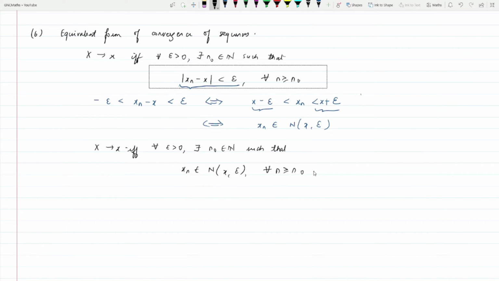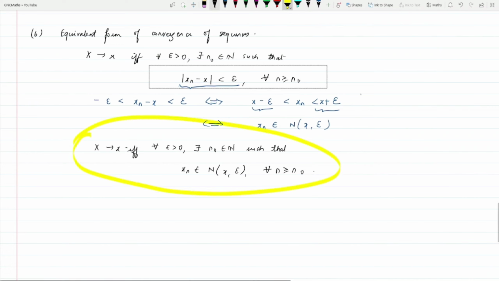Let us just see one example and try to utilize the second definition which we have stated, where we are taking help of the neighborhoods. Let me consider a sequence x which is given by 0, 1, 0, 1, 0, 1, 0, 1 and so on.